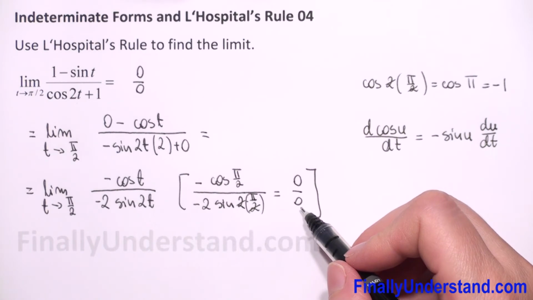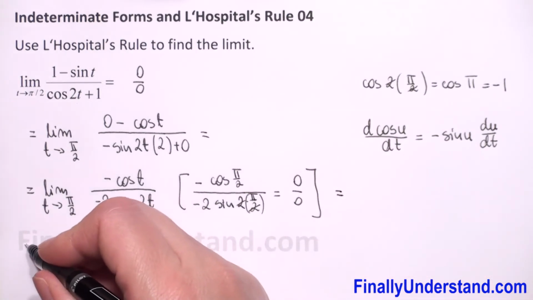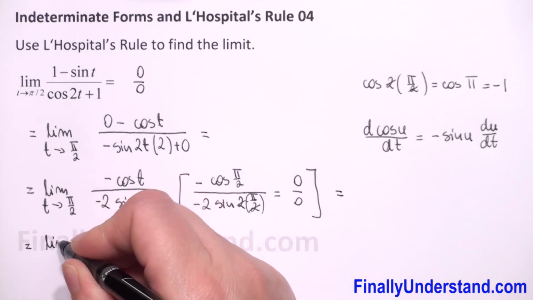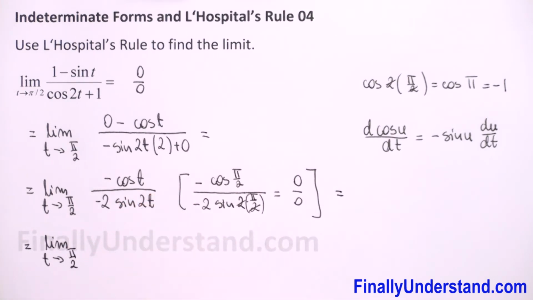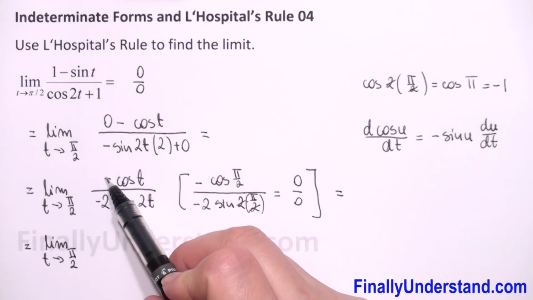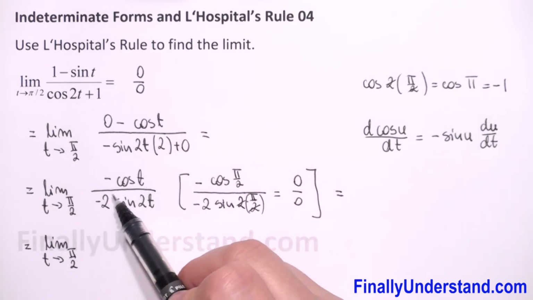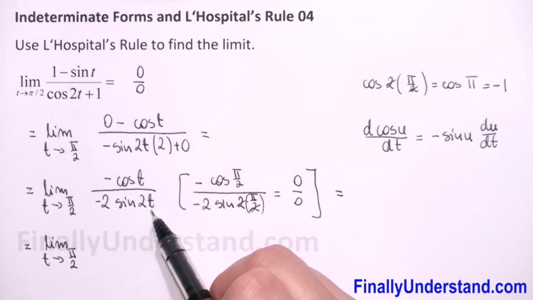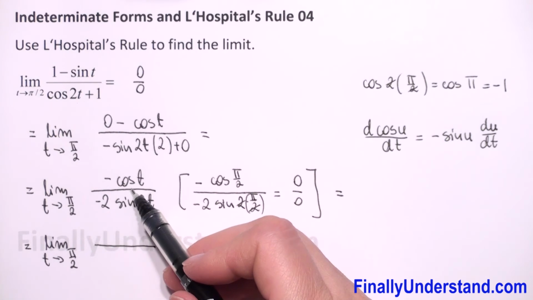It means we can use L'Hopital's rule again. So this is equal to, we copy the limit as t approaches pi over 2, and we have to find the derivative of the function in the numerator and the derivative of the function in the denominator. The derivative of cosine is negative sine.